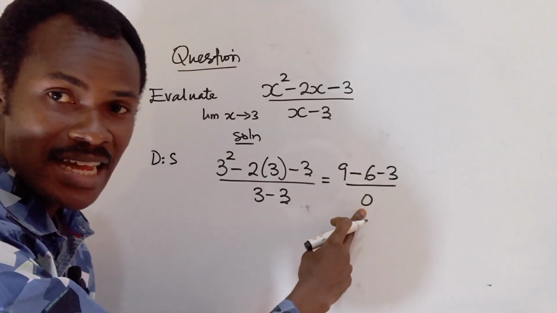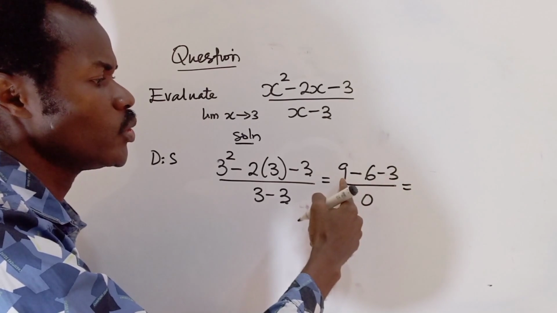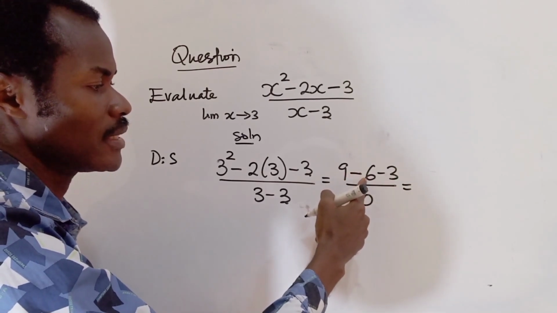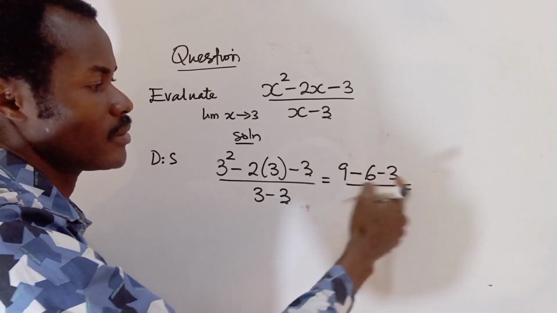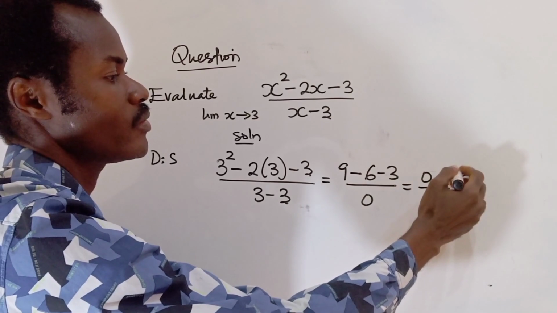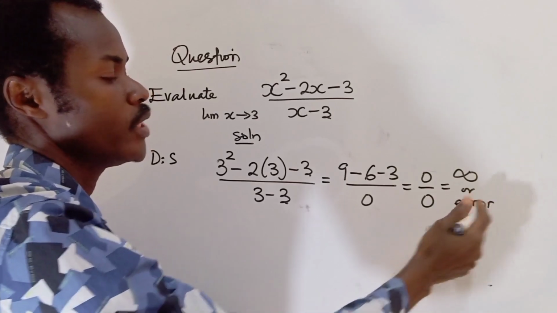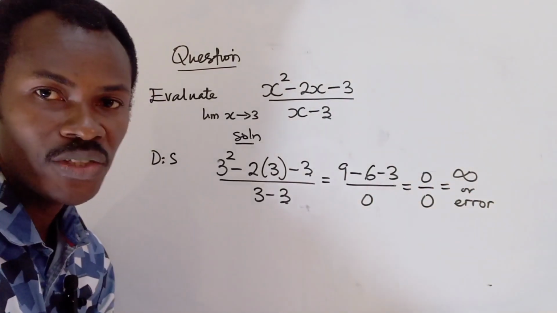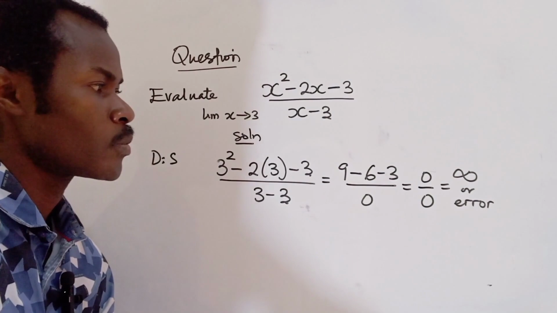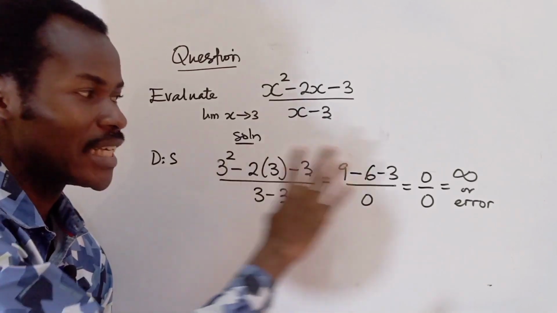Seeing that the denominator is 0 alone shows us that there will be an issue. 9 minus 6 is 3, and 3 minus 3 is 0, so we have 0 over 0. This is going to give us infinity or an error if we try to evaluate it using our calculator. So it means the direct substitution method is not applicable.